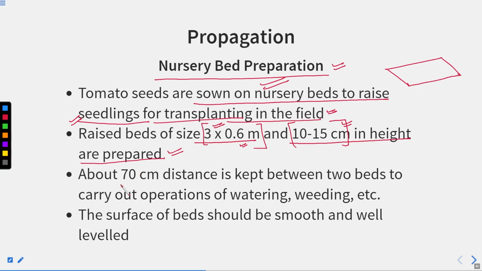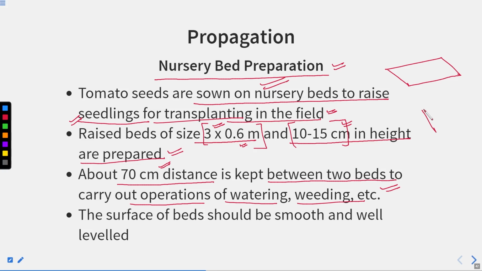Now, about 70 centimeter distance is kept between two beds to carry out operations of watering, weeding, etc.